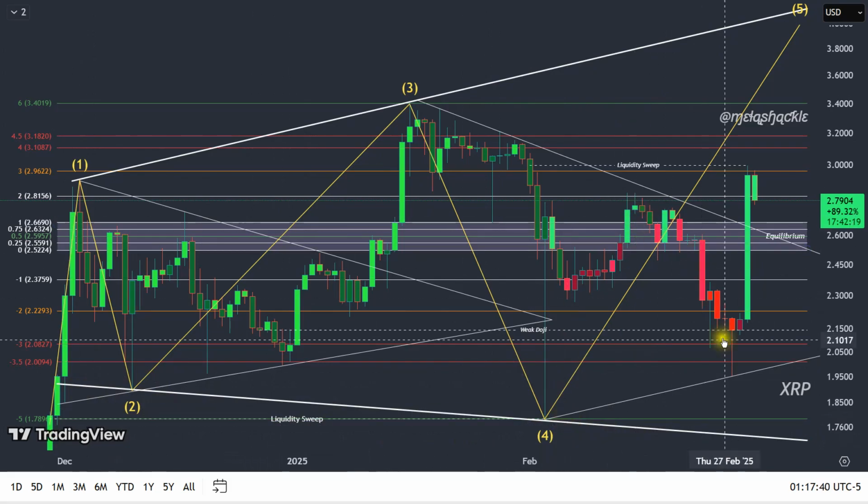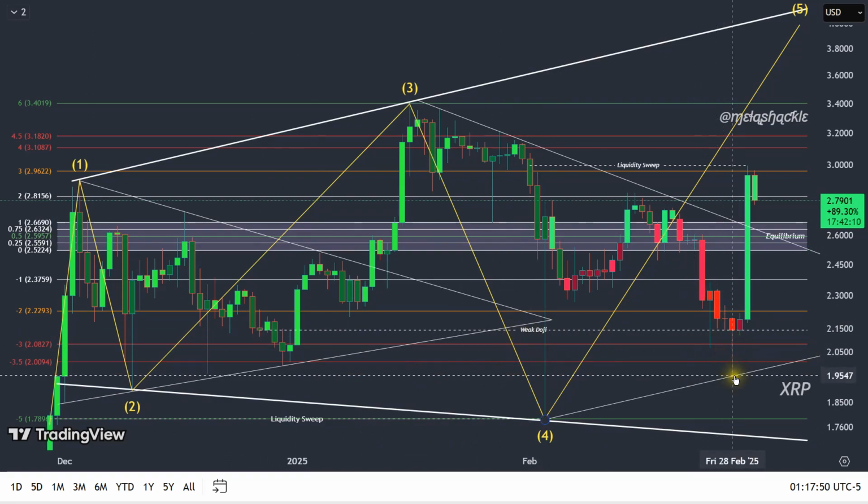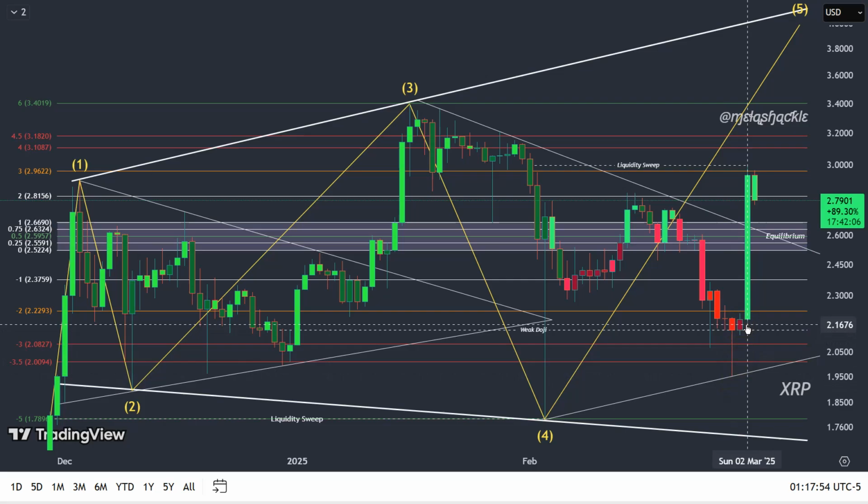We then came back up, consolidated back down, traded down in the area of this weak doji as I was talking about earlier. And as you all know, this morning Trump released his statement regarding the U.S. crypto reserve, and we had this amazing green breakout candle.